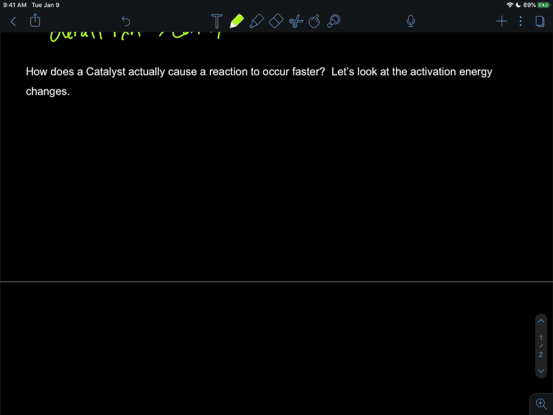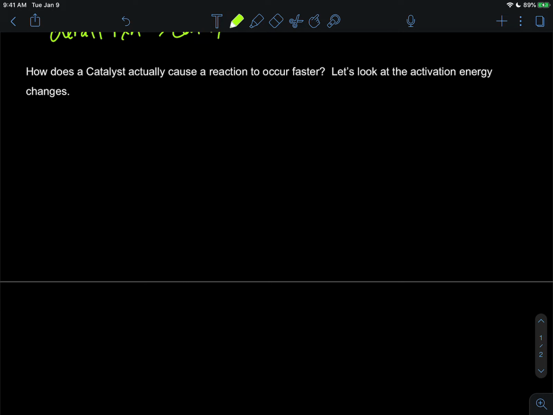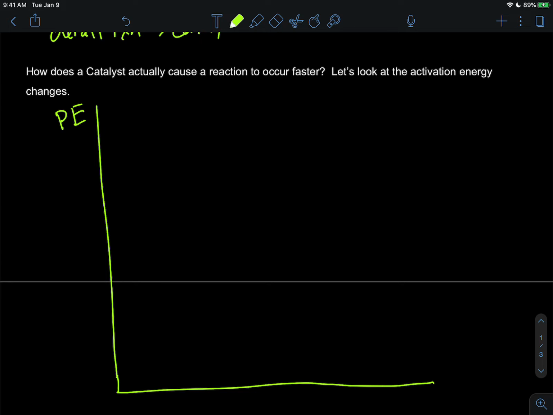We're going to look at this by looking at our activation energies. So to do that, we want to look at a diagram of our potential energy versus our reaction coordinate. And again, we're going to look at how this affects our reaction.